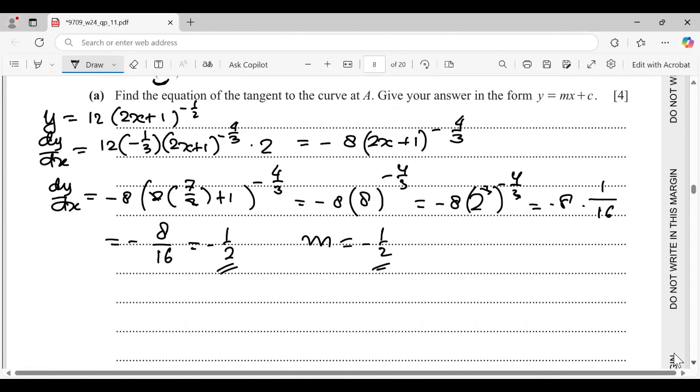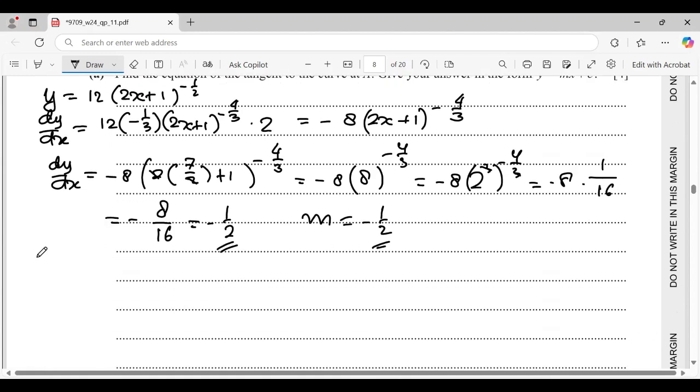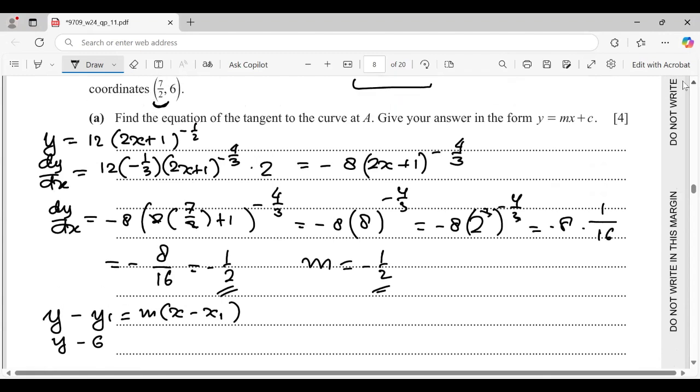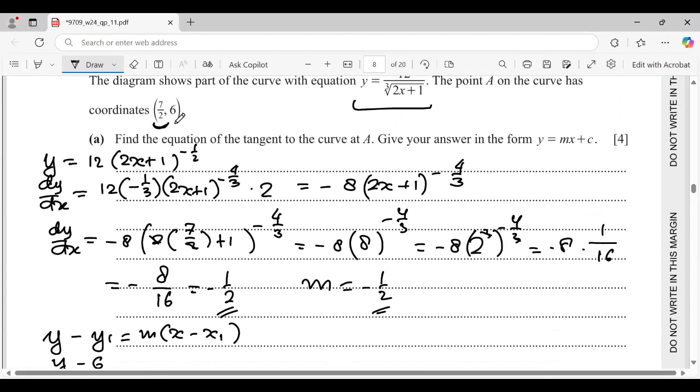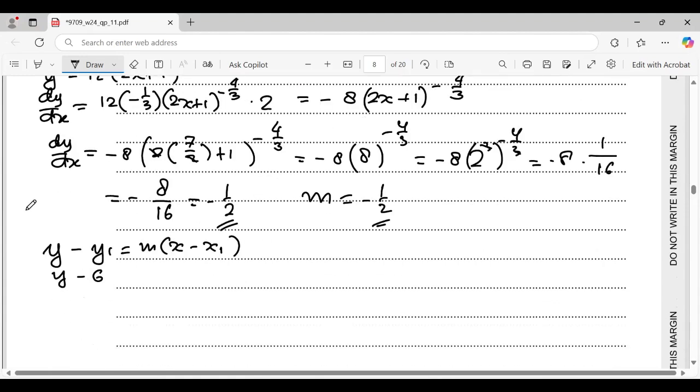Now we're going to find the equation of the line through this formula. So y minus 6, because it goes through this point, x1, y1, with m minus 1 half, x minus 7 half.